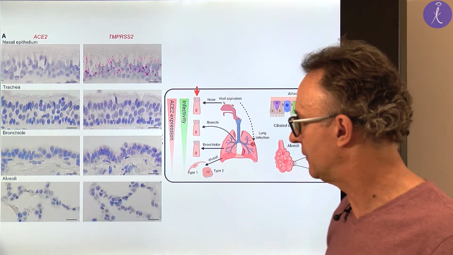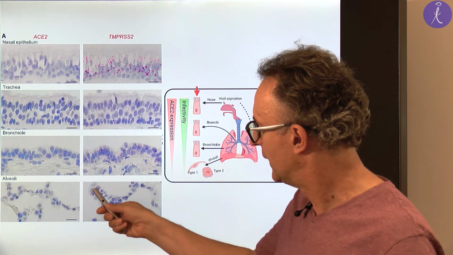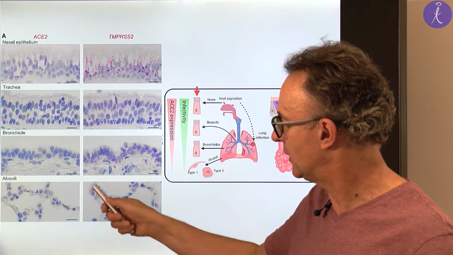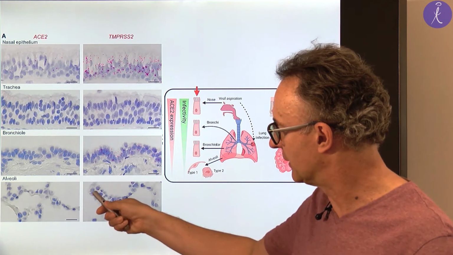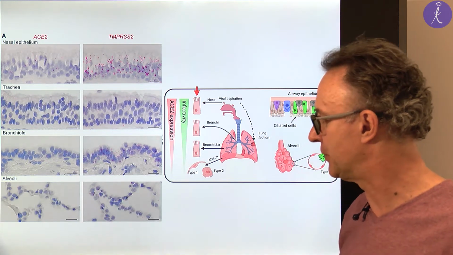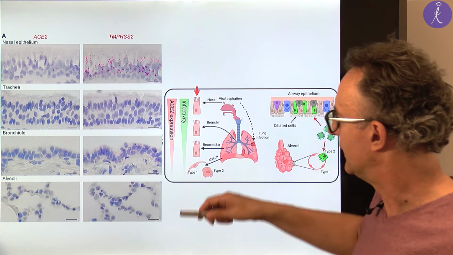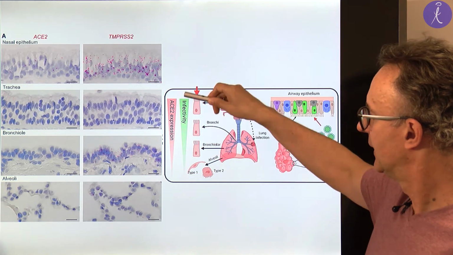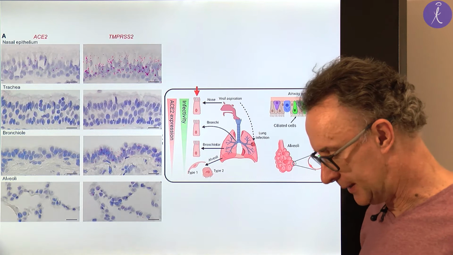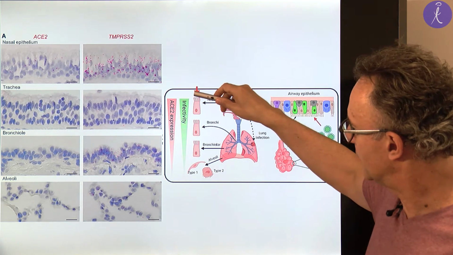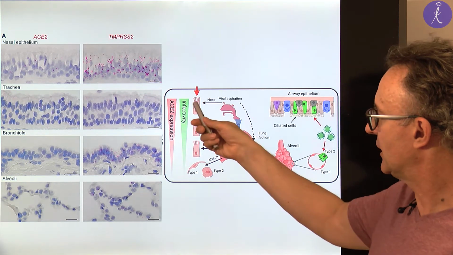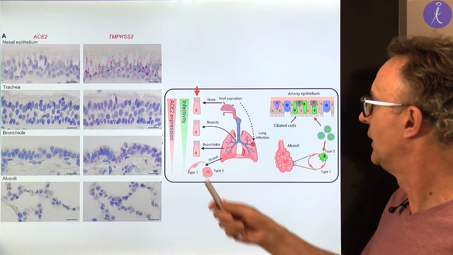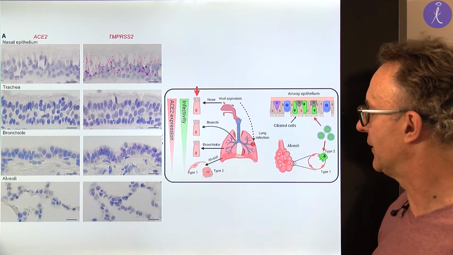And at the level of the alveolus, we see expression only in the cuboidal cells, the protruding cells, which are type 2 pneumocytes. The expression level is getting less along the airways, and that's why the infectivity changes also. So that's why the first step for the virus infection is always in the higher airways.